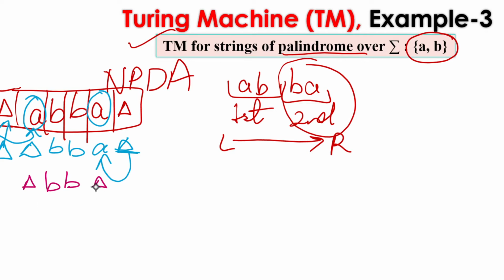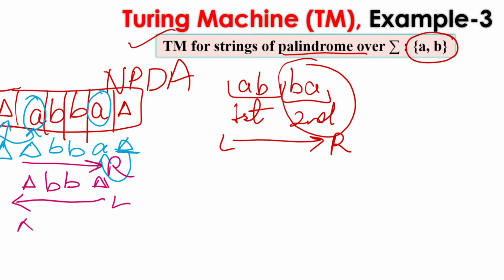After making this symbol blank, we simply move to the extreme left. Firstly we were moving to the right, after replacing the first symbol with a blank. After replacing the rightmost symbol with a blank, now we are moving to the left, and we will follow the same approach now.